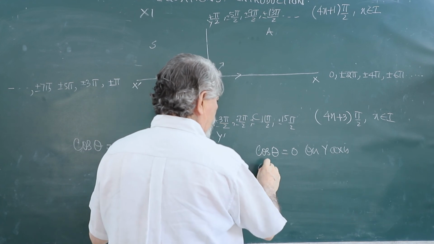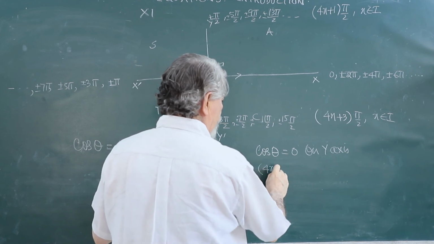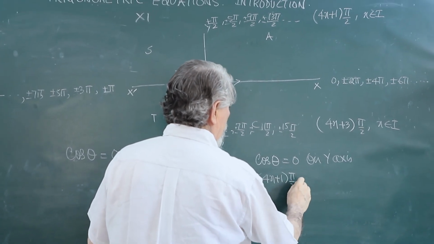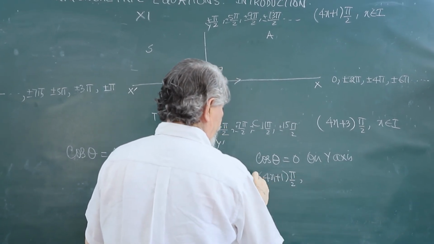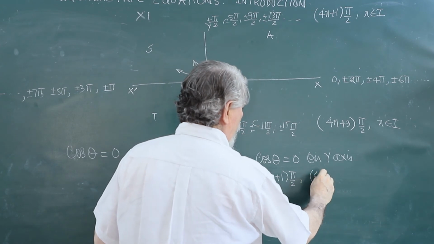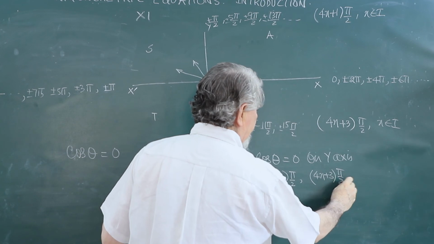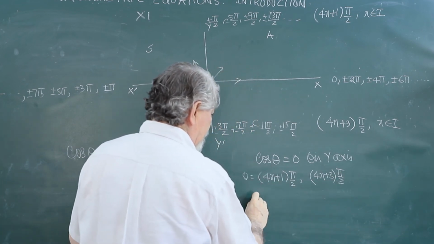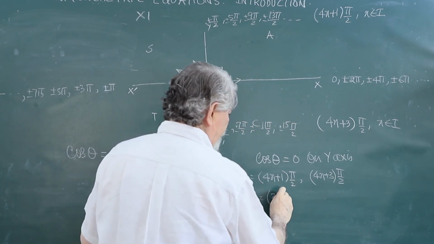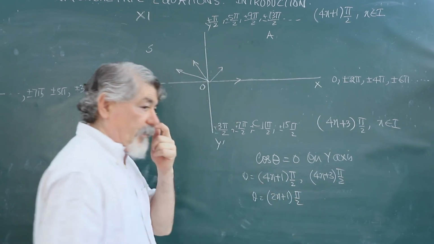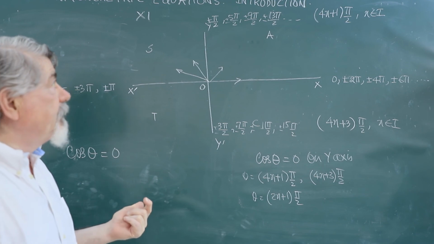If theta is an odd multiple of pi by 2, it can be 4n plus 1 pi by 2 or 4n plus 3 pi by 2, where n is an integer, or if you generalize it, theta becomes 2n plus 1 pi by 2. If you combine both, n can be given any value.